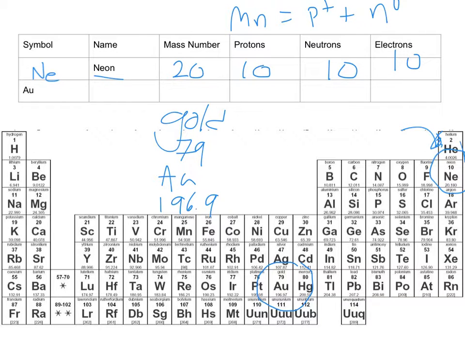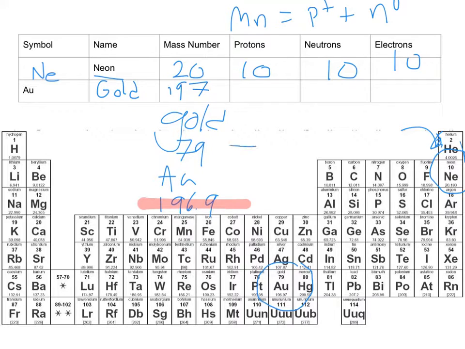So Au is gold, and it has a mass number of 196.9, which we'll round to the nearest whole number. 196.9 is closest to 197.